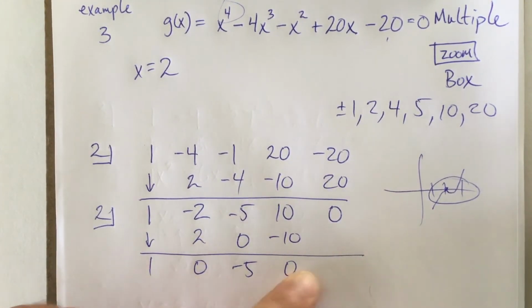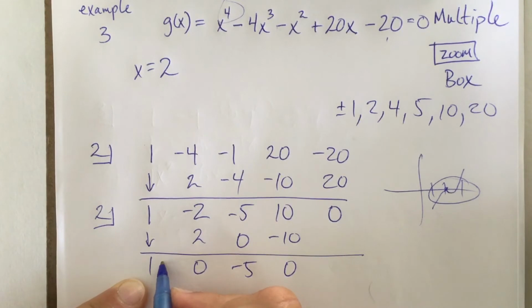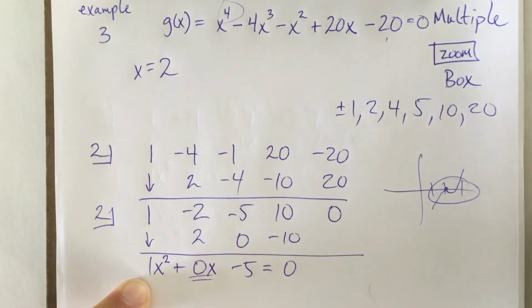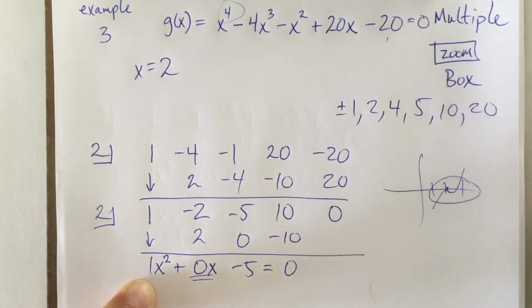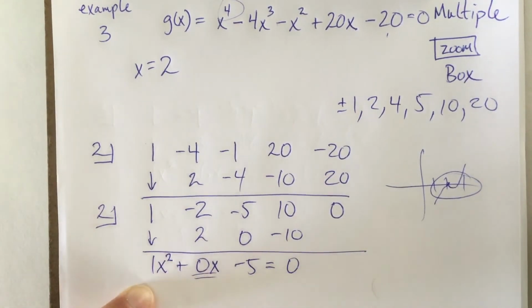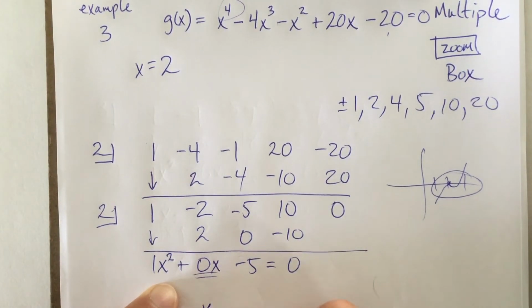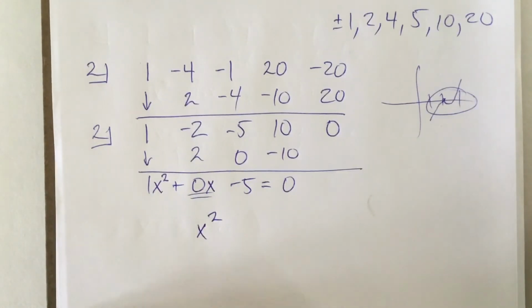But wait, when I get this, that just means I got it down to second power. And I own it once I get it to second power. And there's the x squared. When you have no x's, it means you're going to solve it like this.